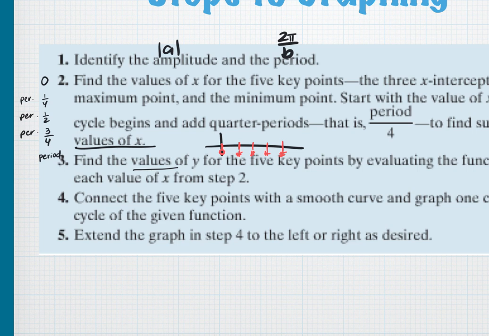Then you'll mark your y, and your y will be based on your amplitude. So we'll go up to whatever the amplitude is, and we'll go down to the negative amplitude. And then you'll literally draw your curve by connecting the points for one full period. If it wanted an additional period, you would just extend the points in either direction using the same intervals.